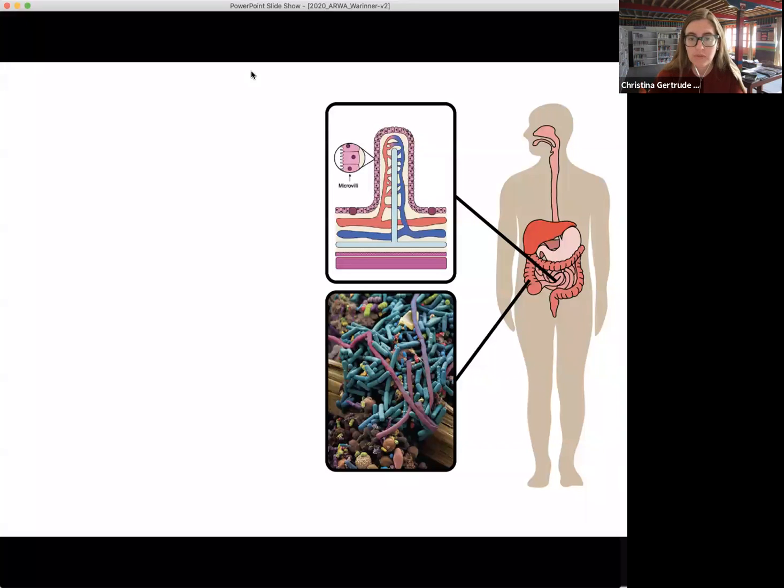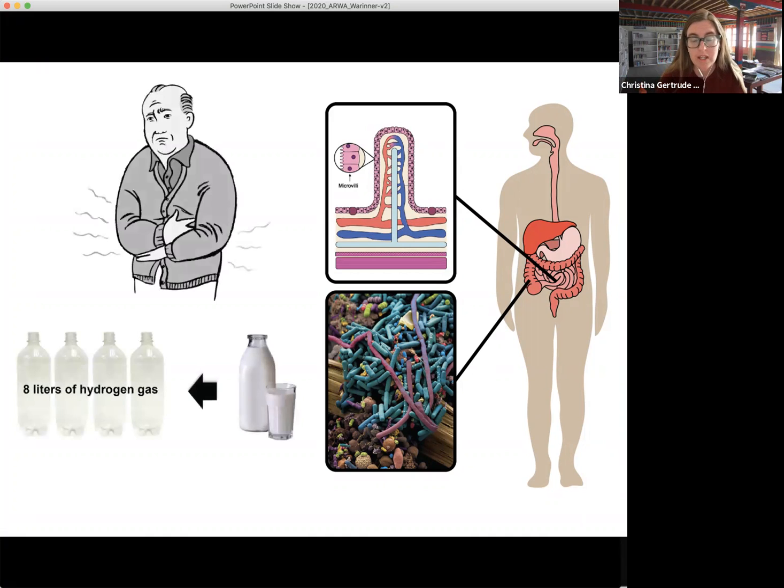And it continues to flow through your digestive tract until it hits your colon, where you have billions and billions, in fact, trillions of gut bacteria that would be very happy to eat that lactose for you. The only problem is that when they do, they release as byproducts hydrogen gas and other irritants that are responsible for creating the symptoms of lactose intolerance.